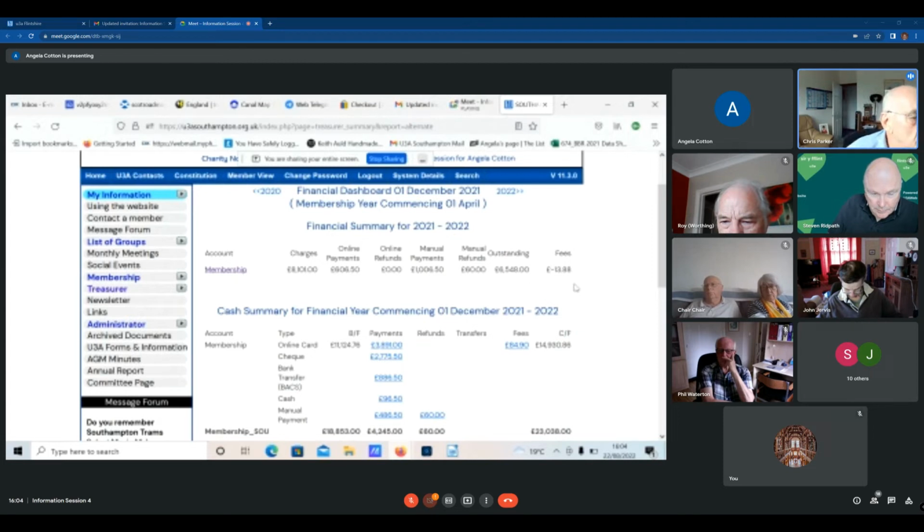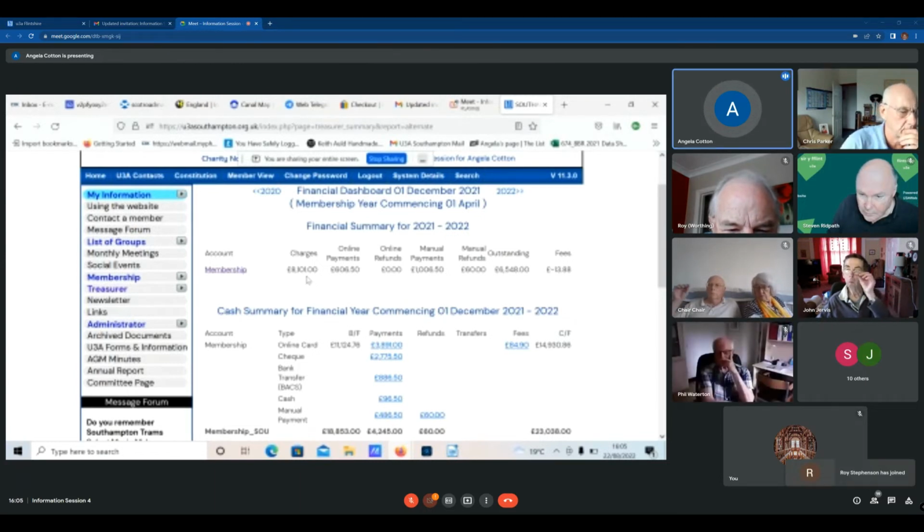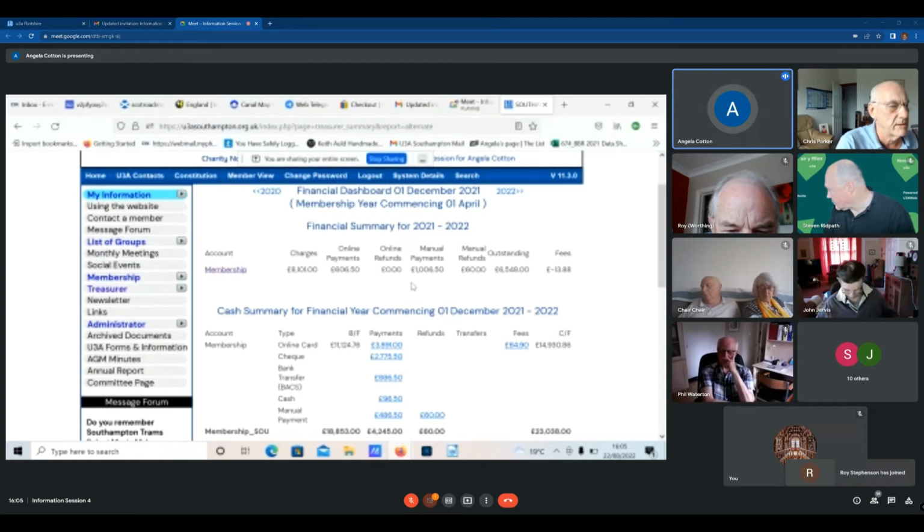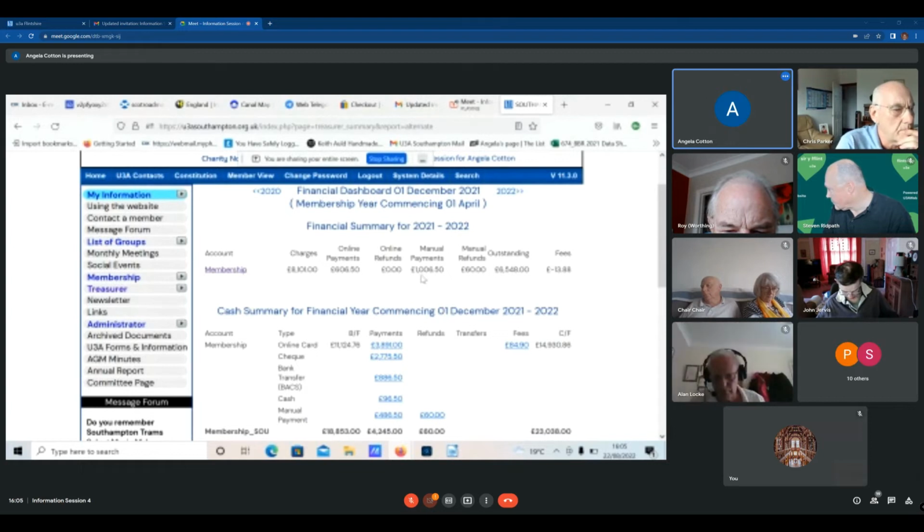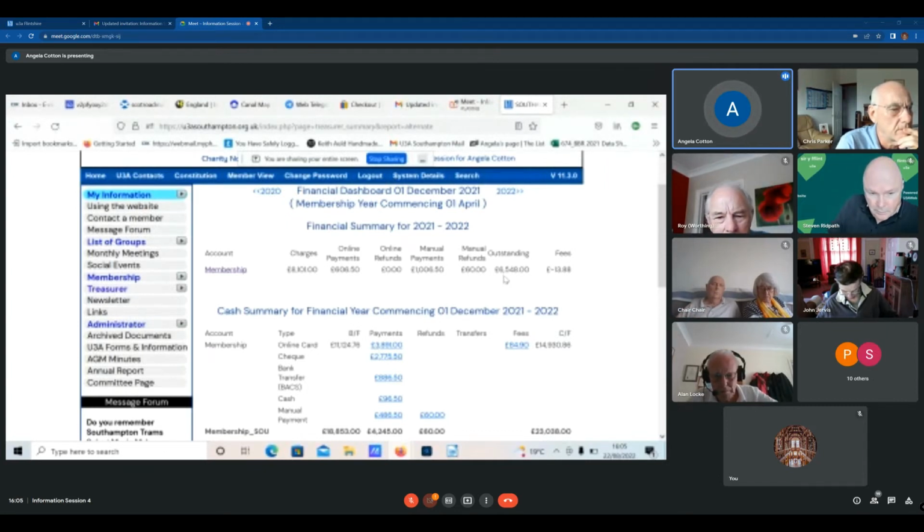The way it showed is a bit muffled, but what's the 8,100, and then 606? Well, there's charges of 8,000 something, online payments of 600, and then manual payments, which I take to be the cheque payments. I'm not sure where the manual refunds have come from, but there may have been some. And then it says outstanding 6,500, and I don't know what the fees are.